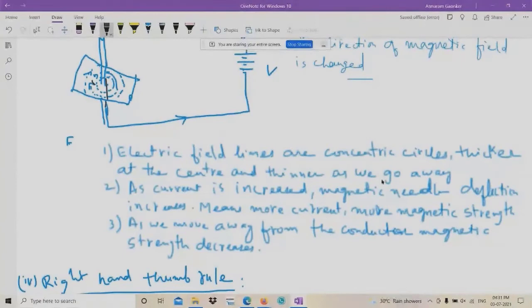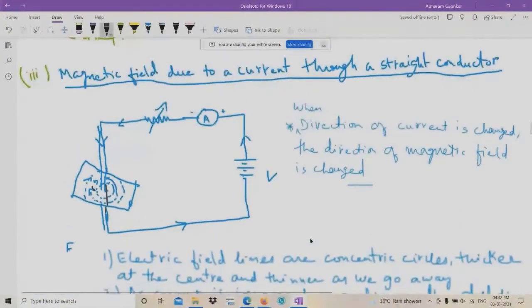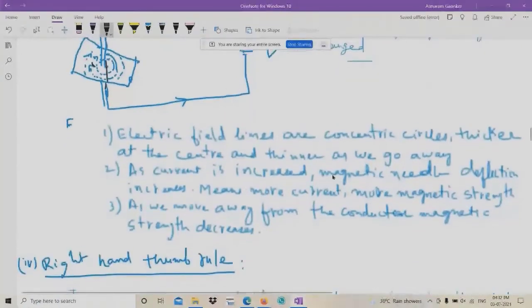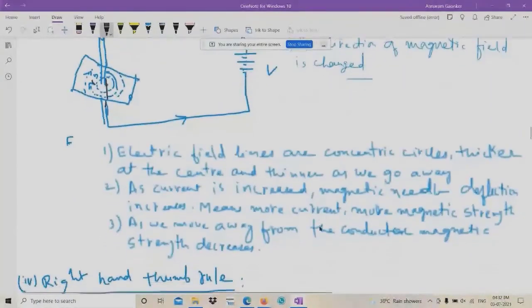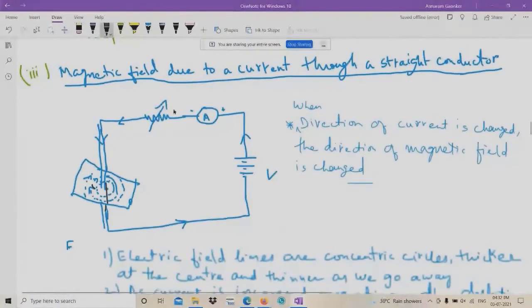And as we move away from the conductor, the magnetic field strength decreases, which we have already discussed. These are just four points that you have to remember for the magnetic field due to current through a straight conductor.